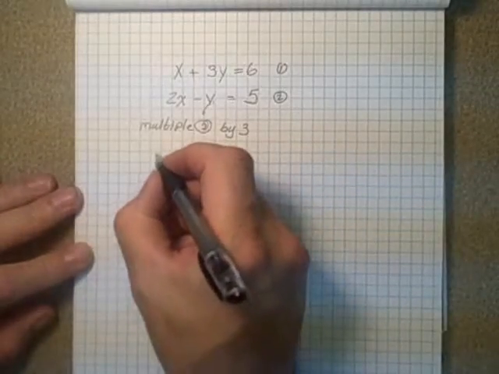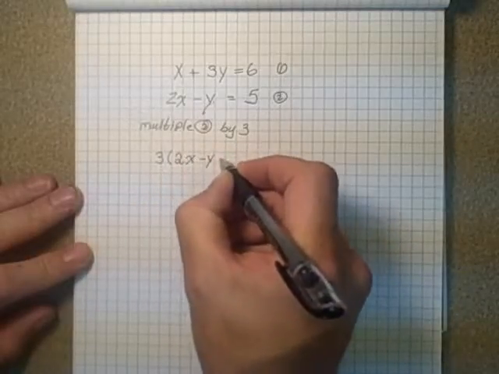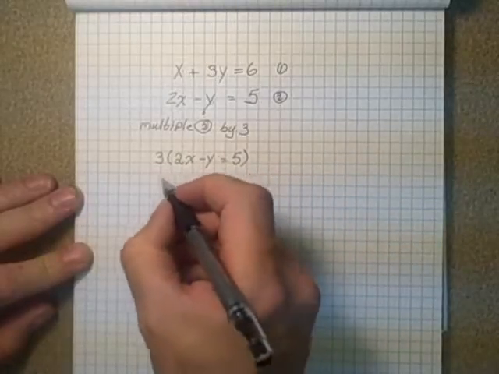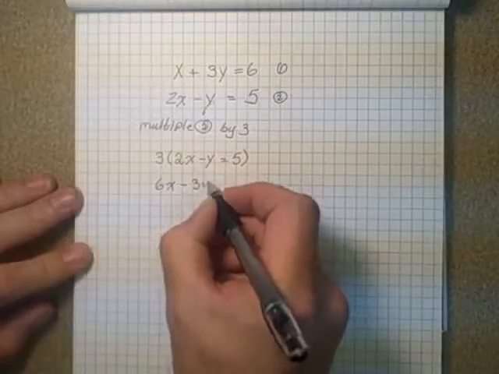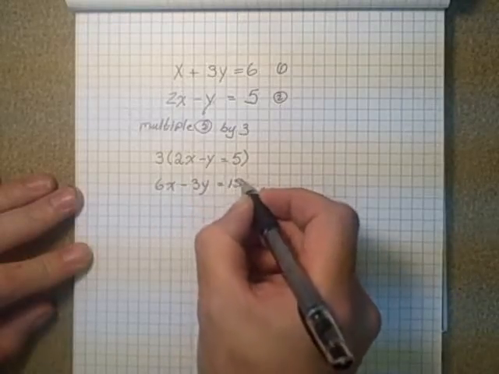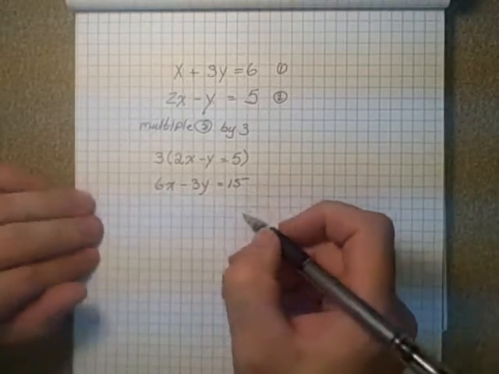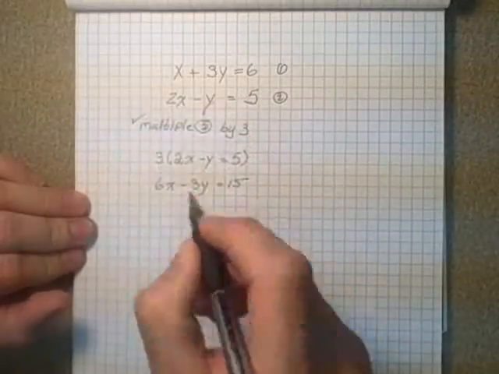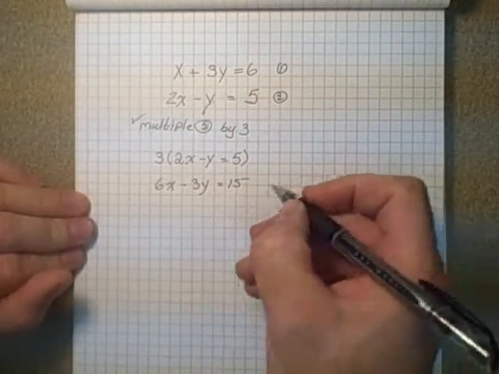So that would be 3 times 2x minus y equals 5. So if I were to do that, I would get 6x minus 3y equals 15. Okay, and that's equation number 2 in its new form. That's the first thing I do. Okay, then I take the first equation and add it to that one.